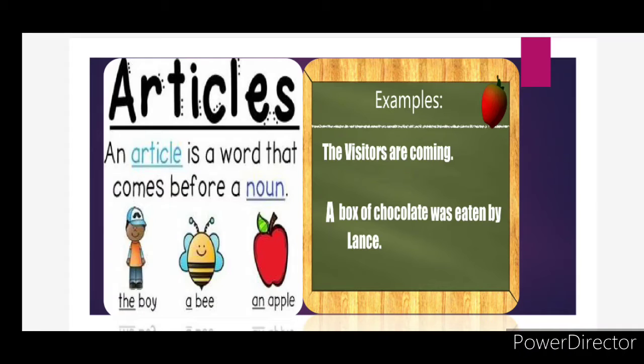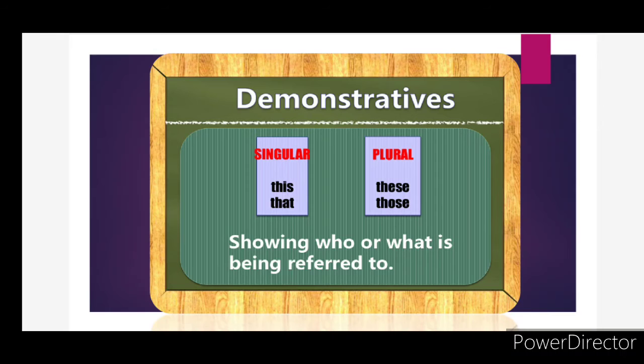So here you can see visitors is a noun and what is coming before visitors is the. And the is an example of an article which is a determiner. Same way, a box of chocolate was eaten by Lance. Box of chocolate. Box is a noun and a is an example of an article.